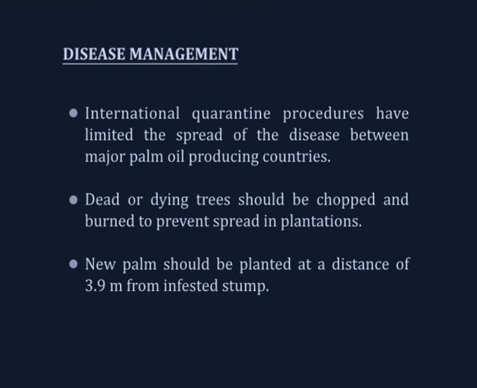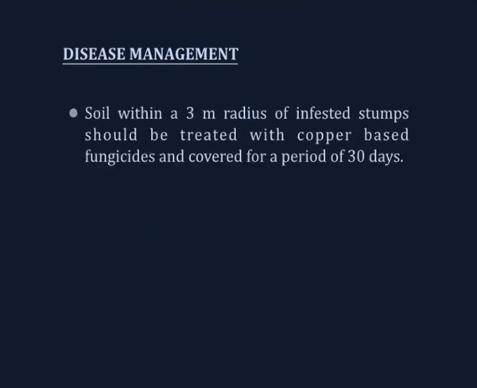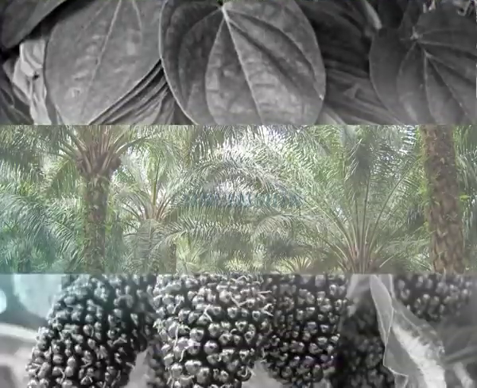New palms should be planted at a distance of 3.9 meters from infested stumps. Soil within a 3 meter radius of infested stumps should be treated with copper-based fungicide and covered for a period of 30 days. Next, coming to the conclusion of the topic.